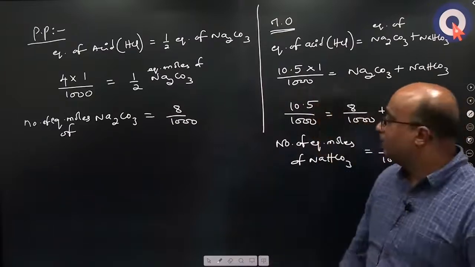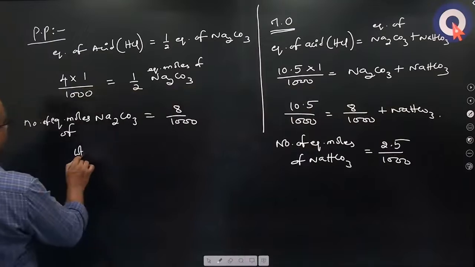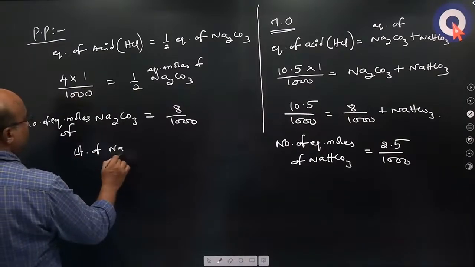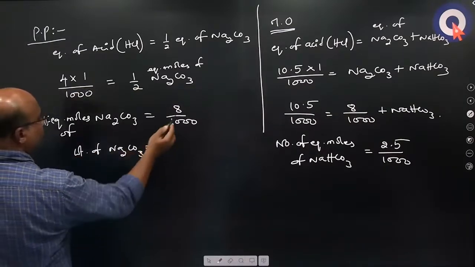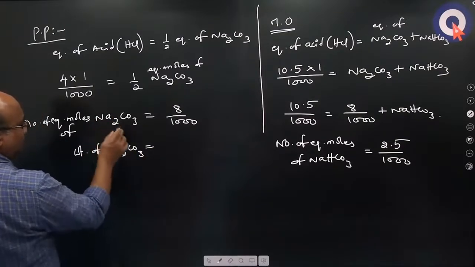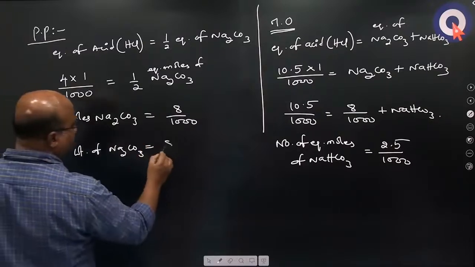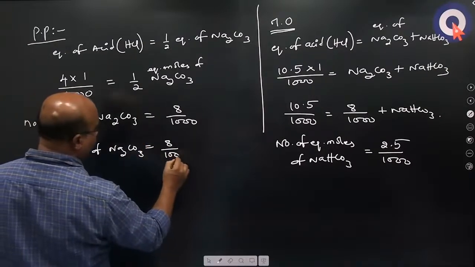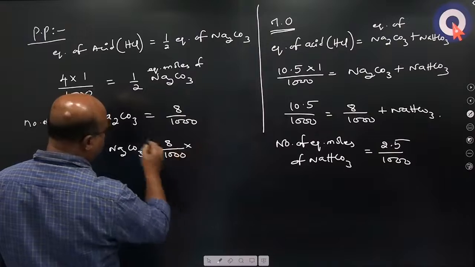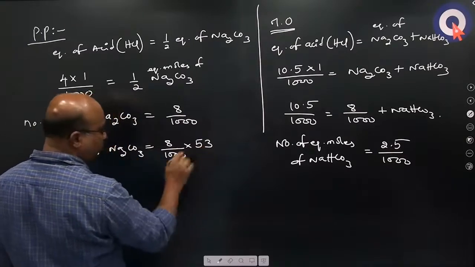Now what is the weight of Na2CO3? Weight of Na2CO3 will be equimoles into equivalent weight. What is the equivalent weight? The n factor is 2. So it is 8 by 1000 into 106, the molecular weight of Na2CO3, by 2, which is 53, its equivalent weight.